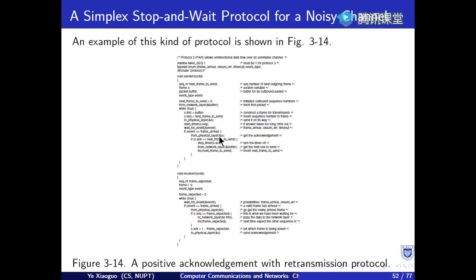And then if the acknowledgement number is the next frame to send, then stop the timer, get a new packet from the network layer, and increase the next frame sequence number to send.